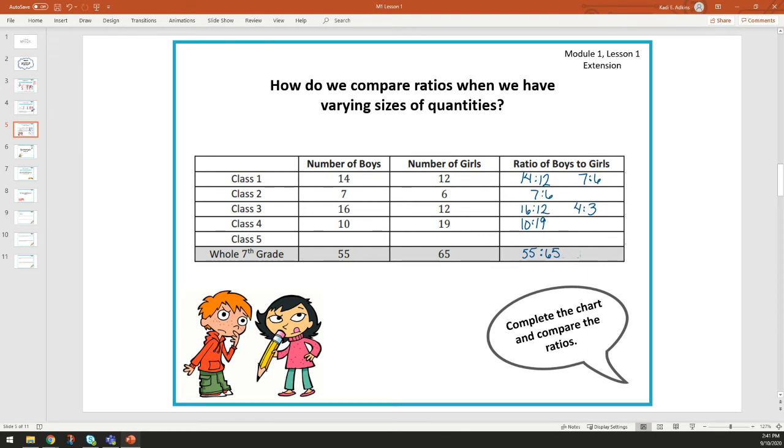They are both divisible by 5s. We know that because they end in 5s. So when I reduce that down, 5 will go into 55 11 times, and 5 will go into 65 13 times. Now 11 and 13 I cannot reduce any further because they are both prime numbers. There is not another number that can go into either one of those except for 1 and themselves.